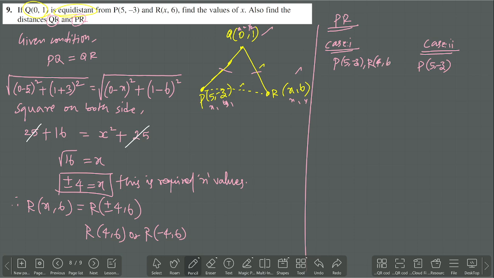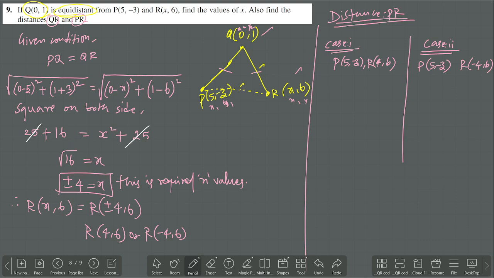Yes, very good. 4 comma 6 and minus 4 comma 6. 2 distances you should find for PR itself. Distance PR, you write better. Distance PR we are writing 2. Like that QR 2. Understand?